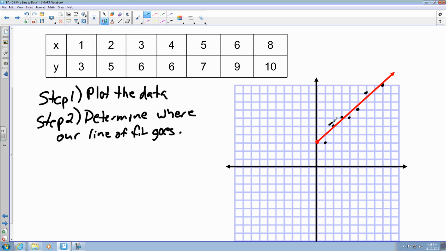Let's look at step 3. Step 3 would be to write an equation for our line of fit.